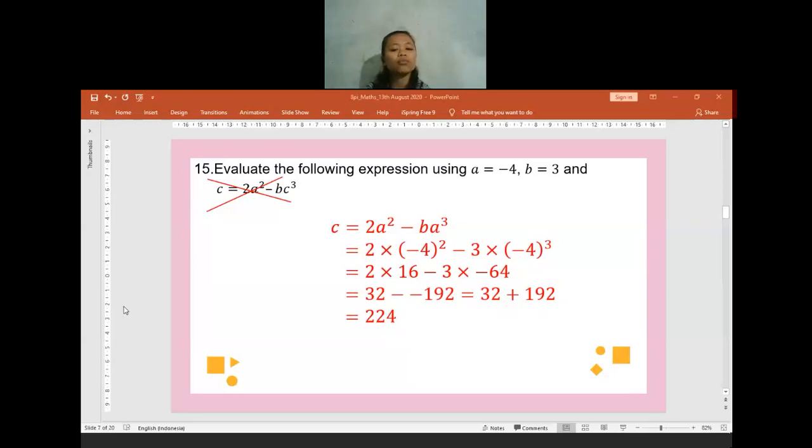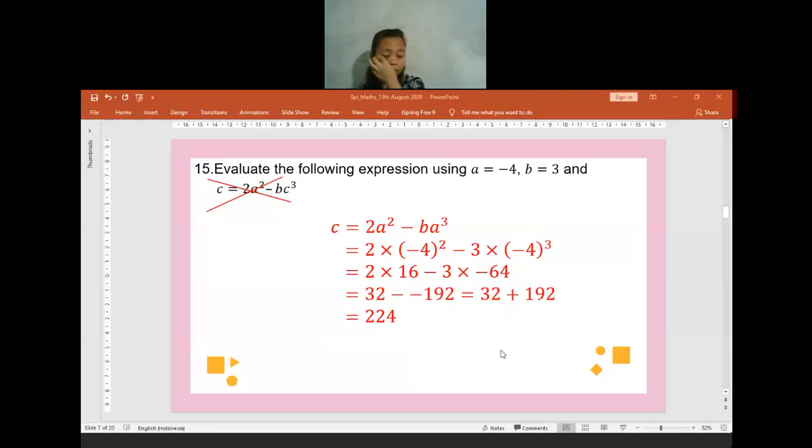So we will have 32 minus negative 192. When we combine the minus and the negative, it becomes addition. So we will have 32 plus 192, which equals 224.